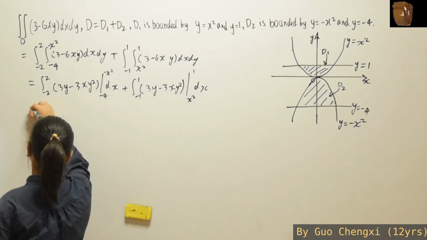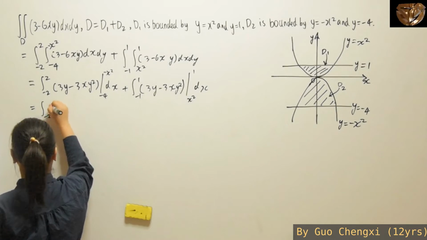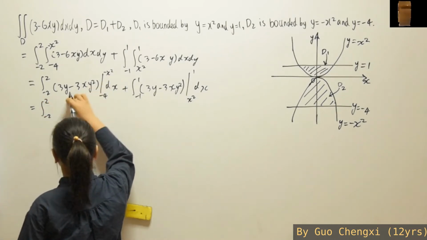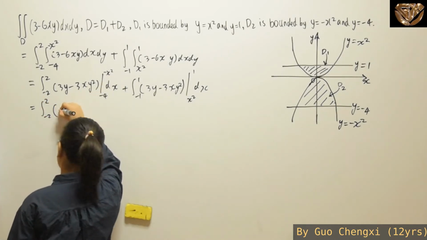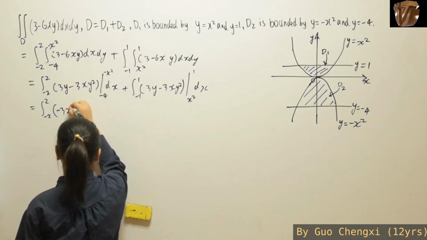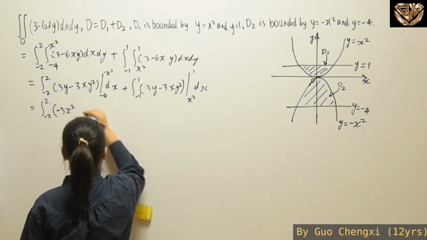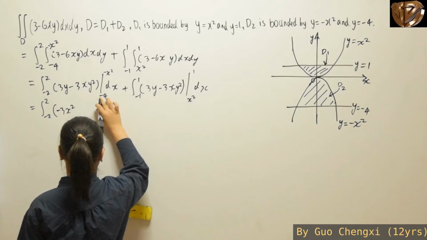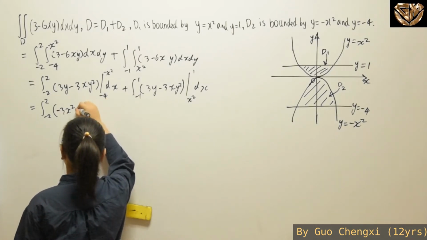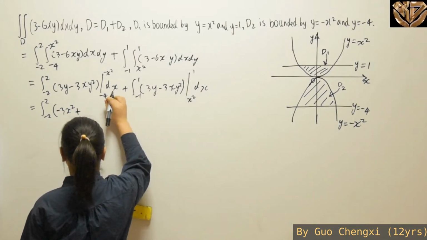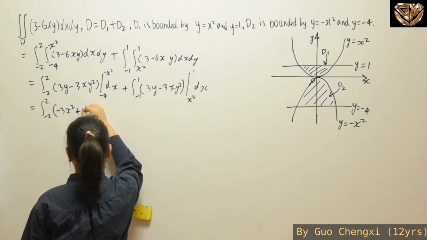So now we can substitute the boundary inside. When you substitute negative x squared, it's going to be negative 3x squared. Substitute, so minus, you have this negative 2, which becomes a plus, and then 4 times 3 will become 12.